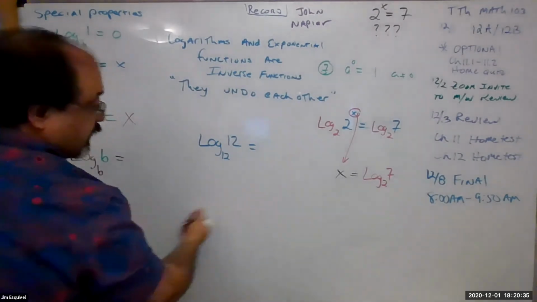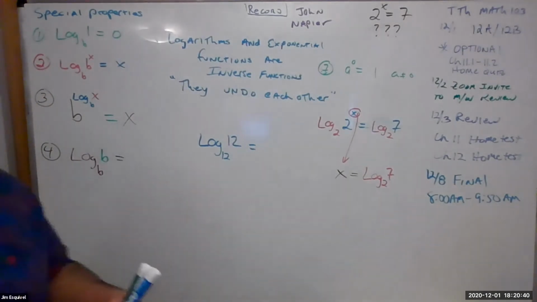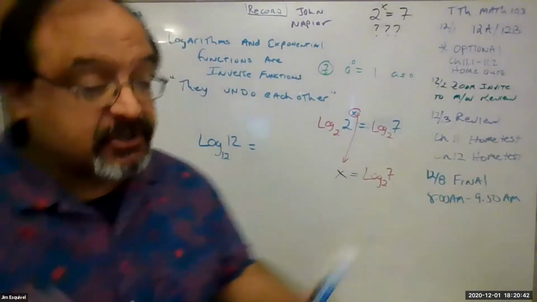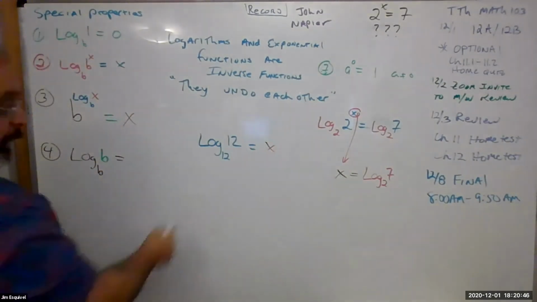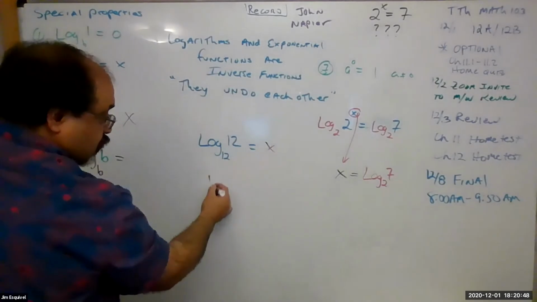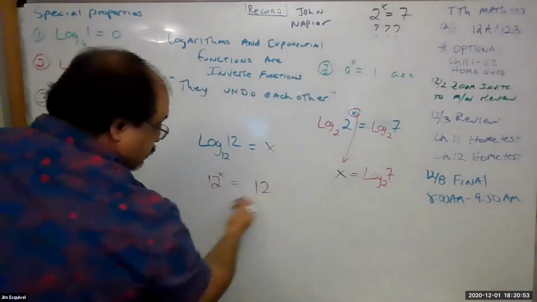If we don't know what it is, you can always do base to the across equals what's inside. Base to the across equals what's inside will always set you free. Let's call it x. Base to the across, 12 to the x equals what's inside, 12.